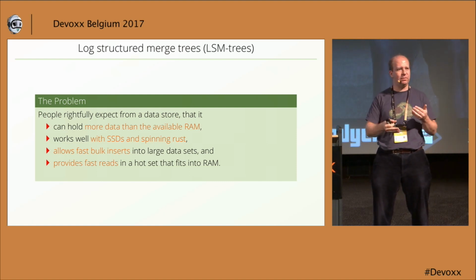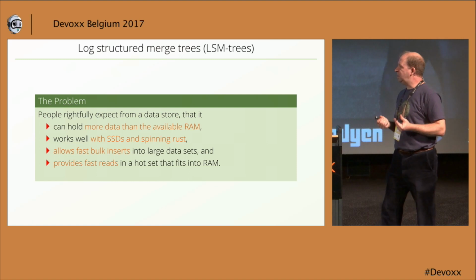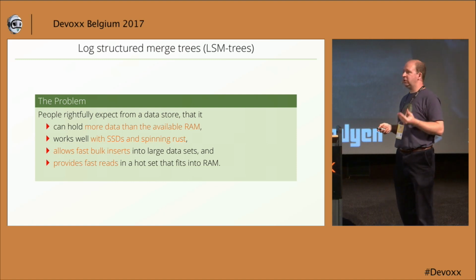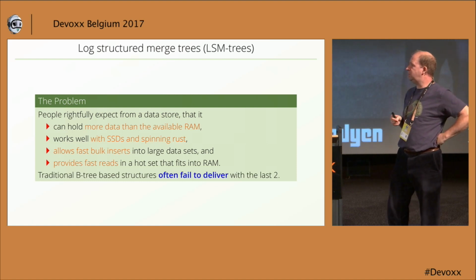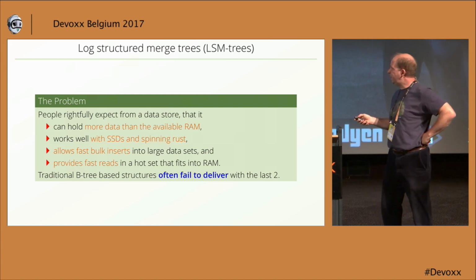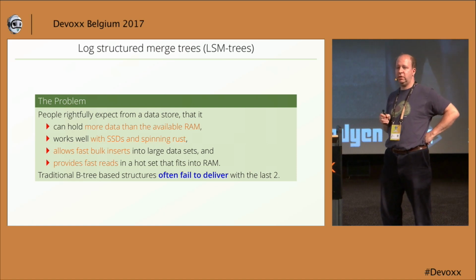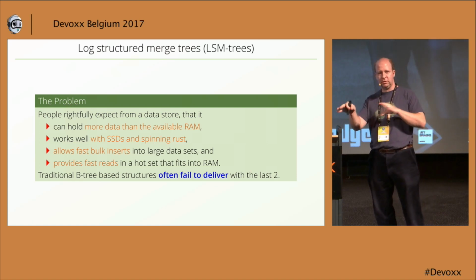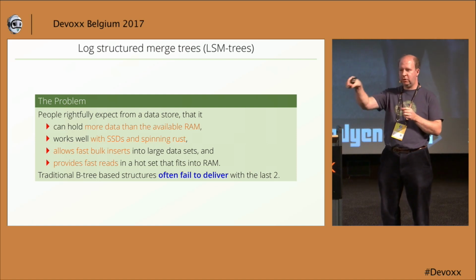That's essentially the same data locality argument yet again. So therefore, data stores need to have a kind of data setup, data structures, which fulfill these properties. And if you look at what traditional B-tree-based structures offer, then they usually fail to deliver in at least one of these two. You can tune them to have good buffer cache and everything, but then writing is awkward because you have to go all over the place.